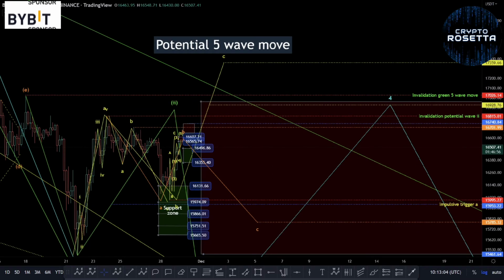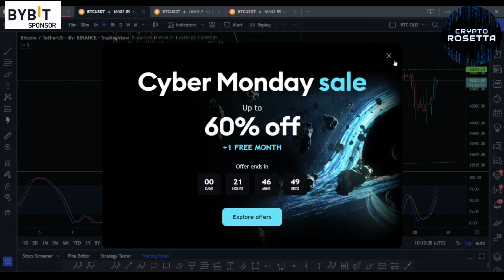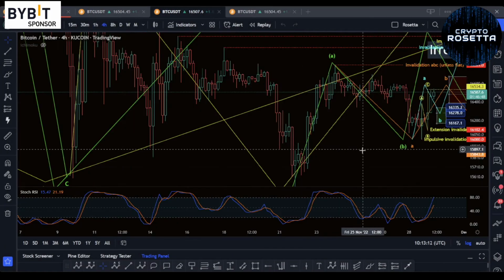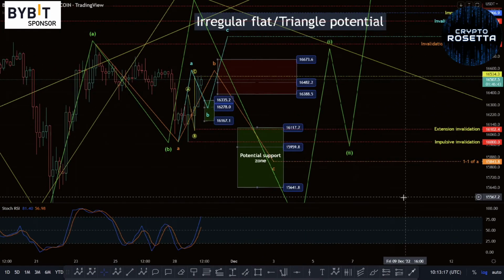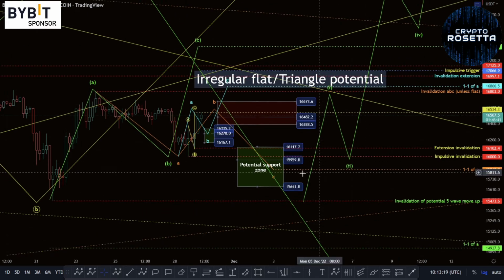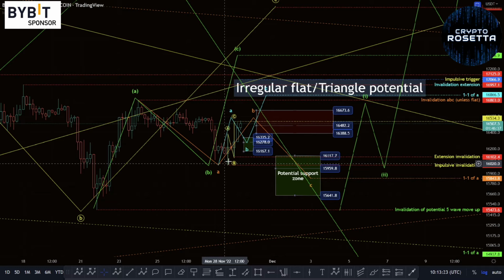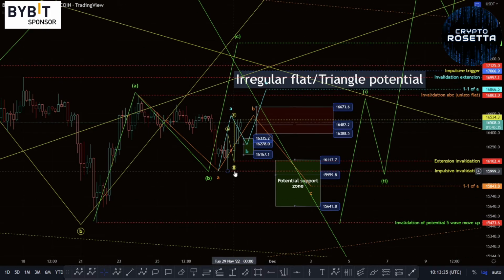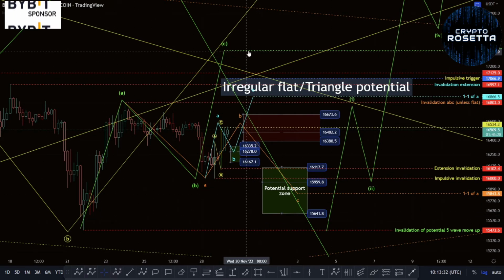The alternative that I'm looking at for some potential upside movement is, so if I just make this full screen again and we get our bearings here. So if we hold the 16,000 area, we could still be looking for that ABC to the upside.